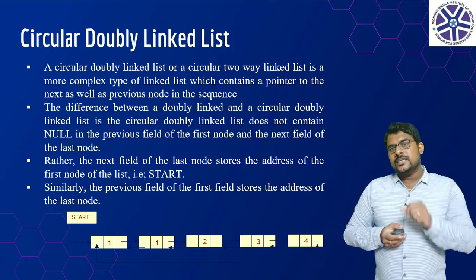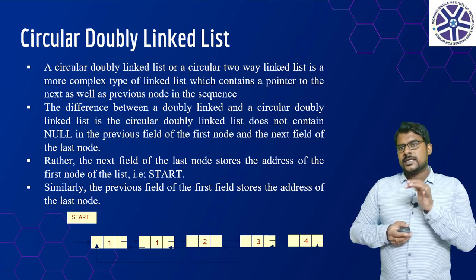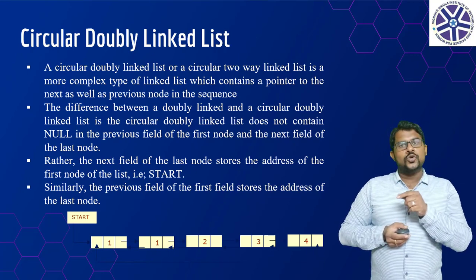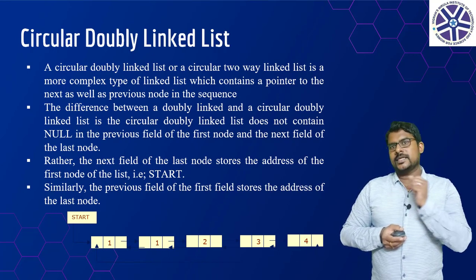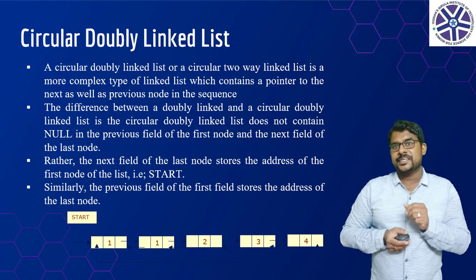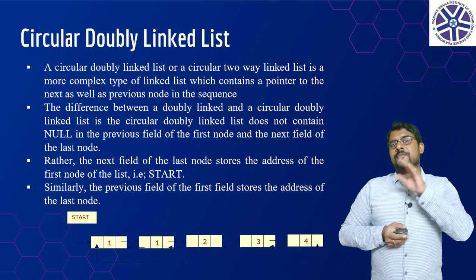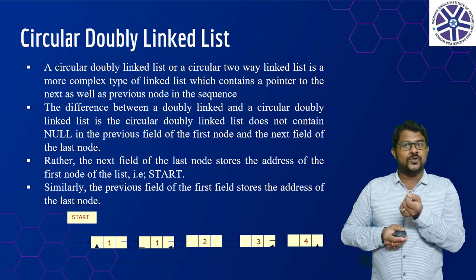The other difference is, in a doubly linked list, the first node's previous field is null. Here in the circular doubly linked list, the first node's previous field is the last node.